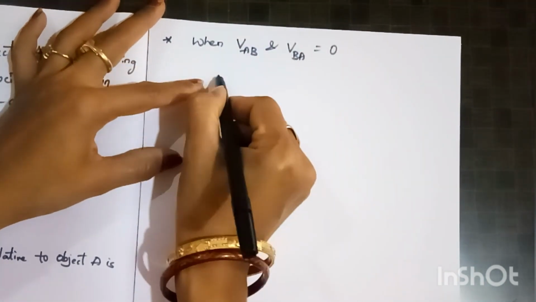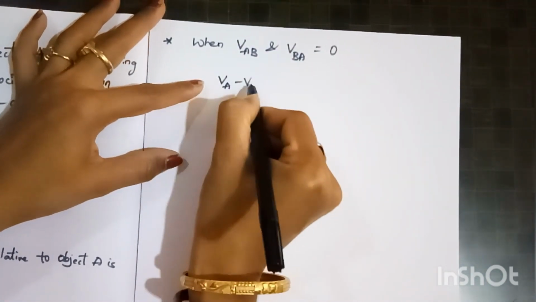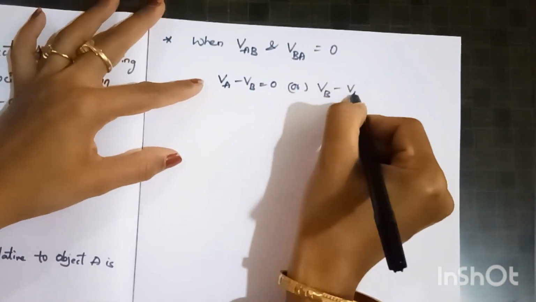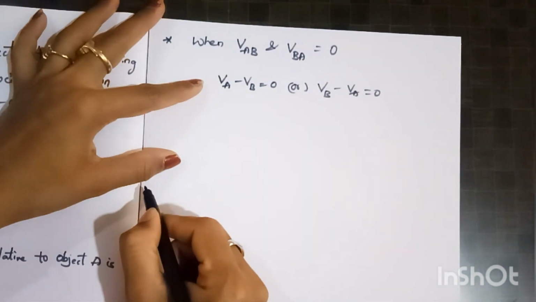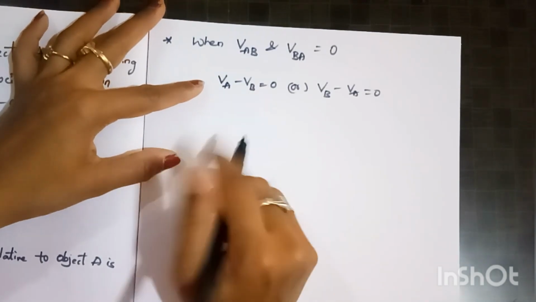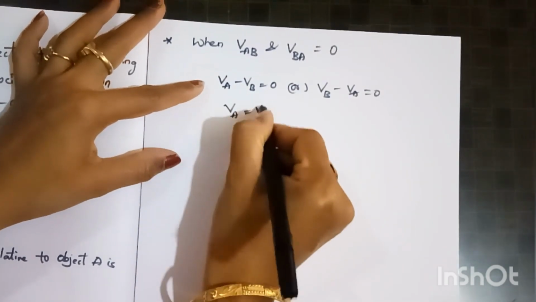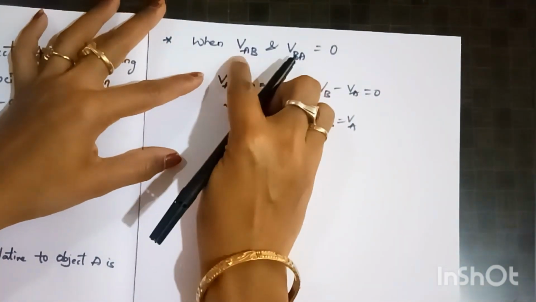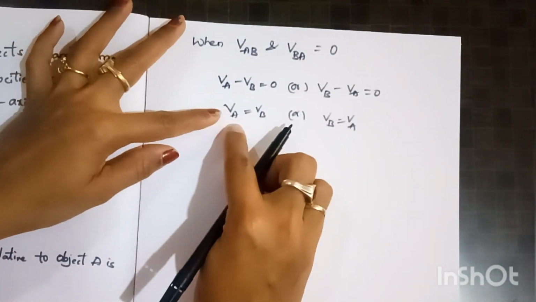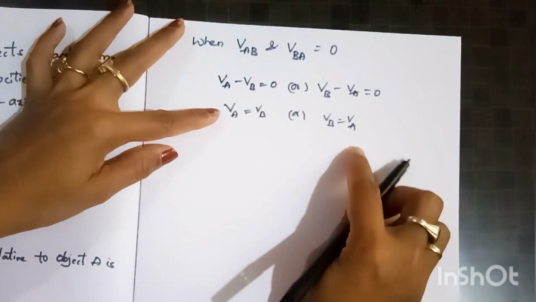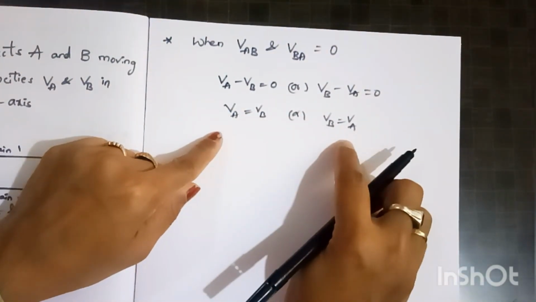Then VA minus VB is equal to 0, or VB minus VA is equal to 0. They are moving in the same direction with the same velocities. So VA equals VB, or VB equals VA.